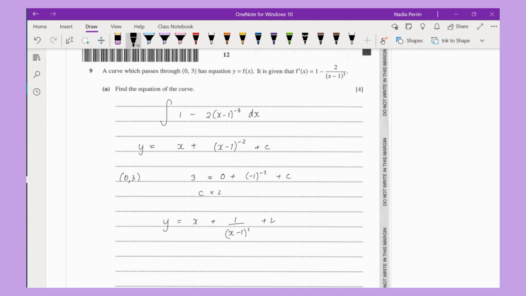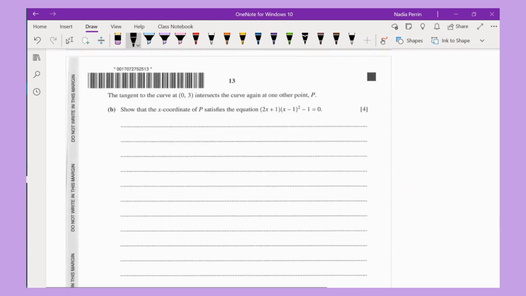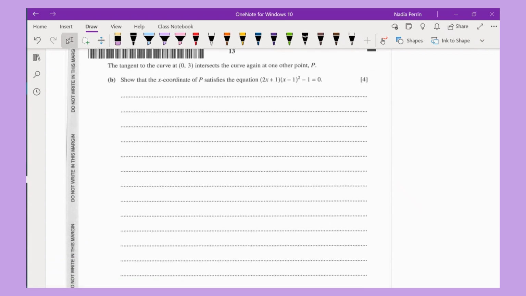Right, the next one is saying that we have a tangent to the curve at 0, 3, intersecting the curve again at one other point P. So the x-coordinate P satisfies that lovely equation there. So first of all, we need to find the gradient for that tangent.